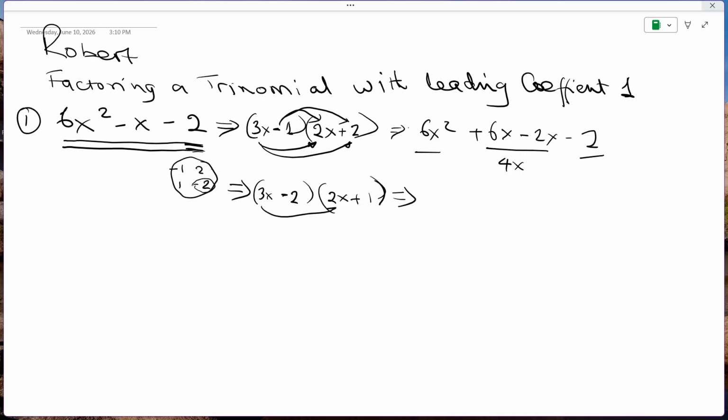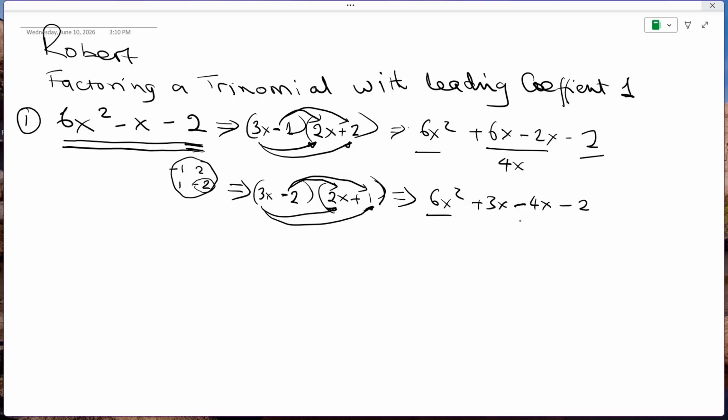So 3x times 2x will give us 6x squared, that's okay. And then 3x times 1 will give us plus 3x. And then minus 2 times 2x will give us minus 4x. And then minus 2 times 1 will give us minus 2.